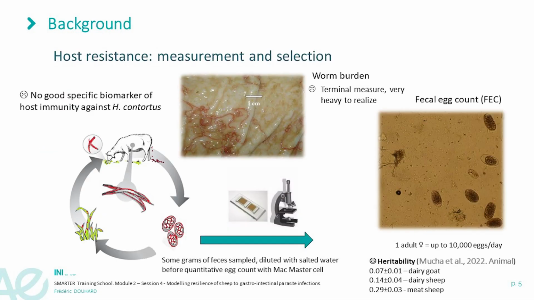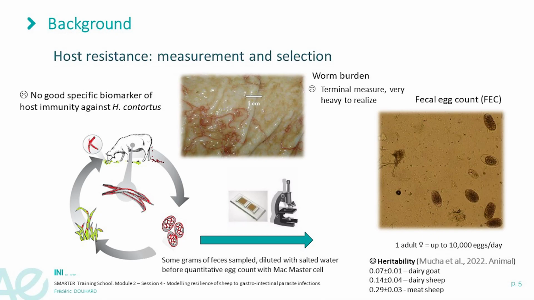The problem is that we don't have a good, specific biomarker of the host resistance to this species. So if we don't have very good antibodies that we could take in the blood to identify the resistant animals, it is not working very well for this kind of parasite.